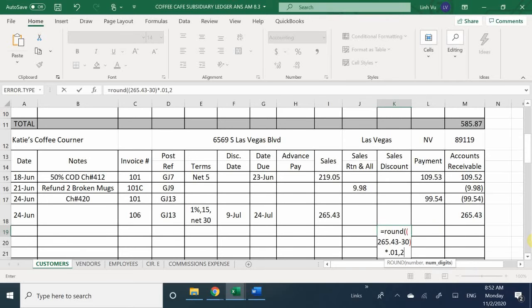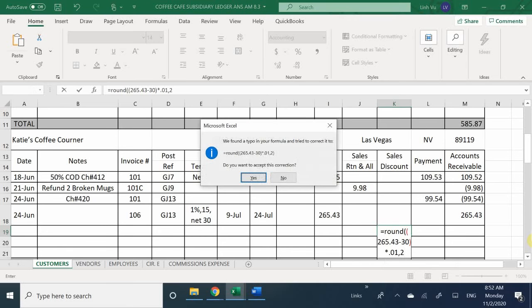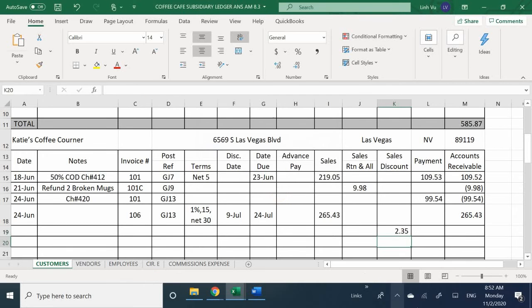So what do I get? $2.35. Yeah, $2.35 discount. All right.